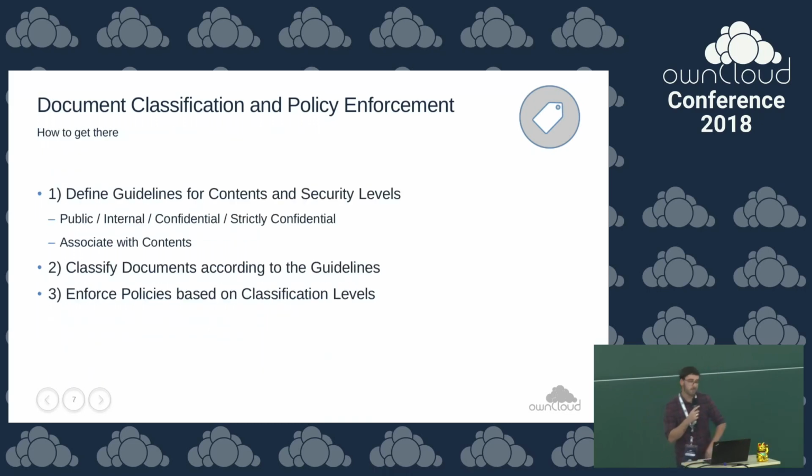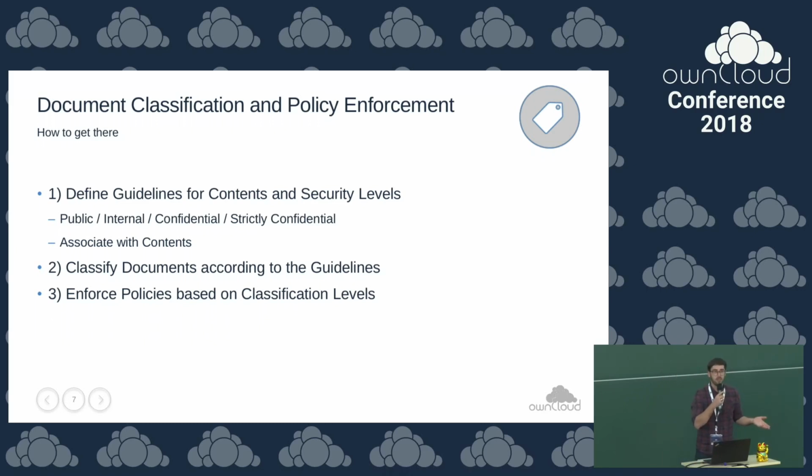So, how do you get there if you don't have it already? The first step is, of course, that you define guidelines for your contents and the security levels that you have internally. One suggestion that is quite popular is, for example, to separate files into public, internal, confidential, and strictly confidential information.